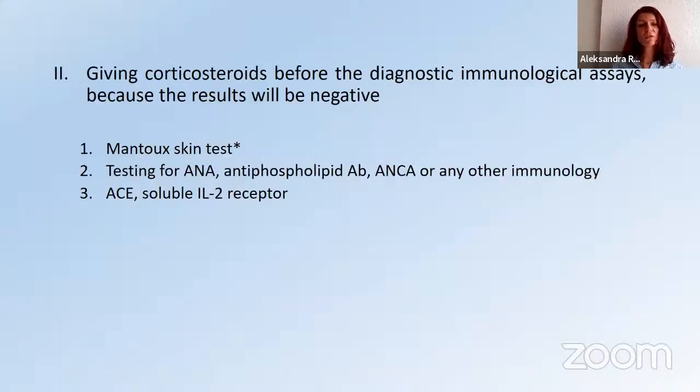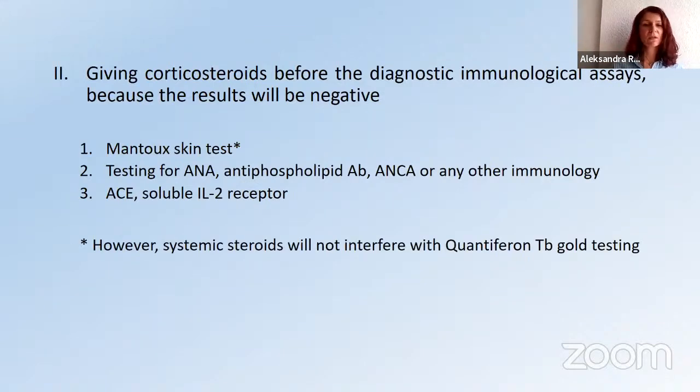Then the second fault is giving corticosteroids before the diagnostic immunological assays are done, because it will result in a negative outcome. For example, when you do a Mantoux skin test, you can get a false negative test. However, systemic steroids will not interfere with QuantiFERON TB Gold testing, so you can do that even when the patient is immunosuppressed.